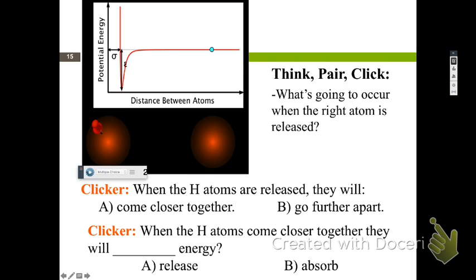So then let's close out this question, reopen the next question. So then let's think about the energetics of that. When those two hydrogen atoms did come closer together, are they releasing or absorbing energy? So think about it for a second. You're welcome to talk to your neighbor about this one, and then click in your answer.